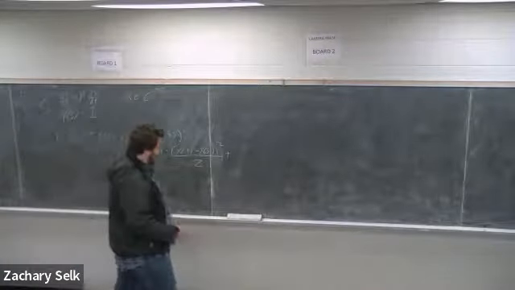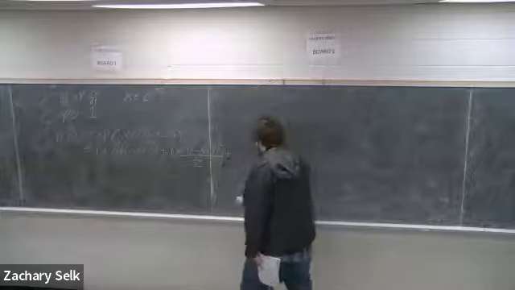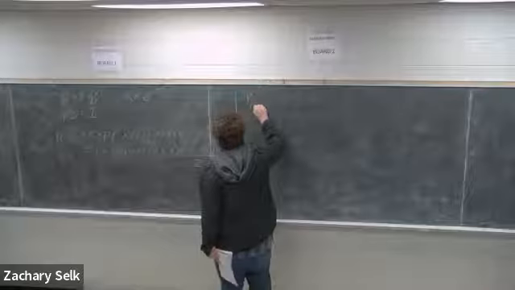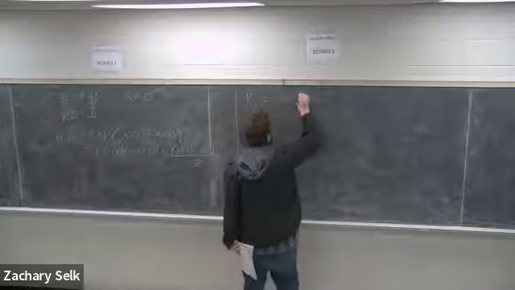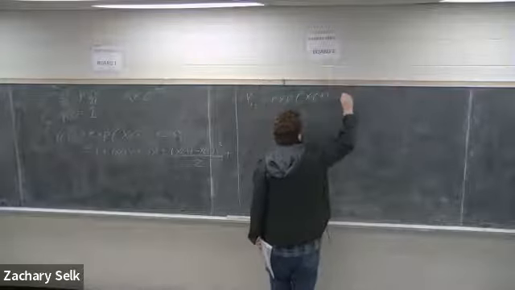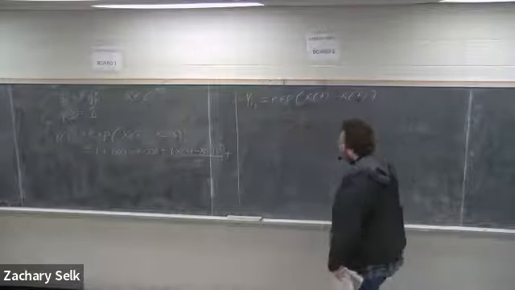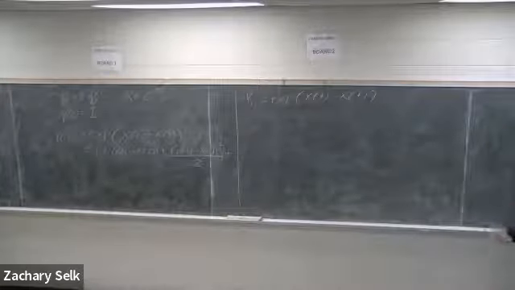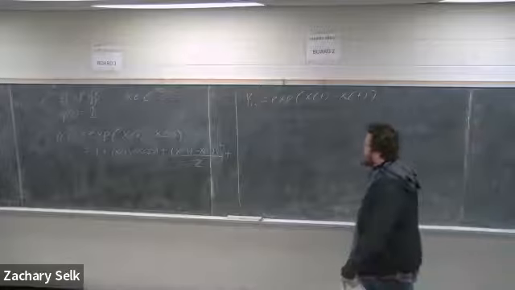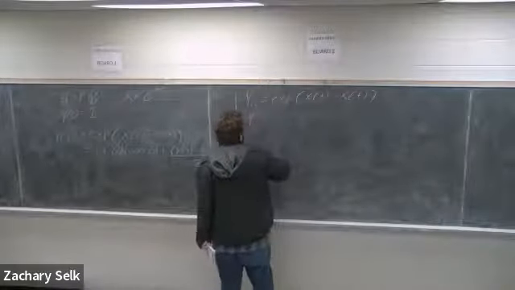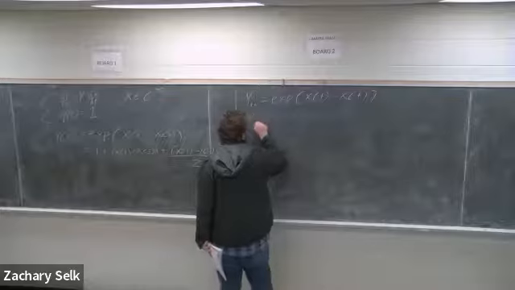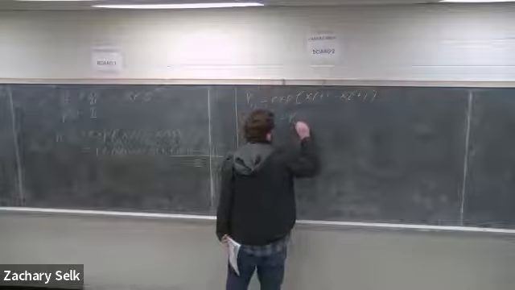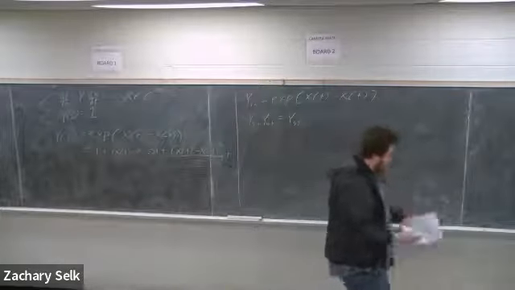So let me write Y_TS as the exponent of the increment. And this naturally satisfies this multiplicative structure, Y_SU, Y_UT is Y_ST, just from the increments of X.